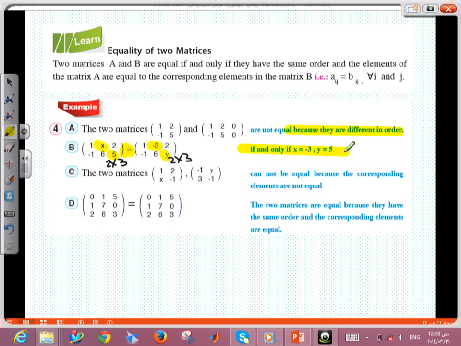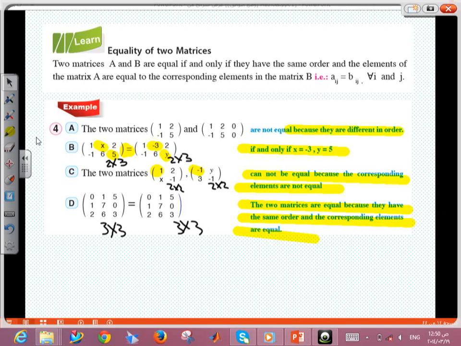Okay? Number C: two matrices of order 2 times 2, but there are different elements, here is negative 1 and here is 1. Then they cannot be equal because the corresponding elements are not equal. Last one: 3 times 3 and each element is equal. Then the two matrices are equal because they have the same order and the corresponding elements are equal. Okay.